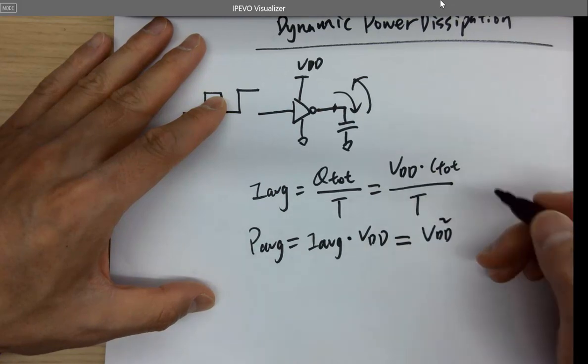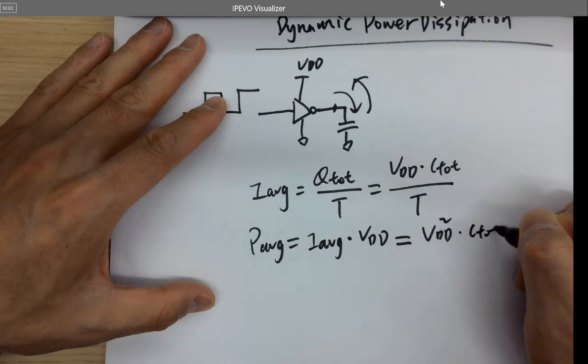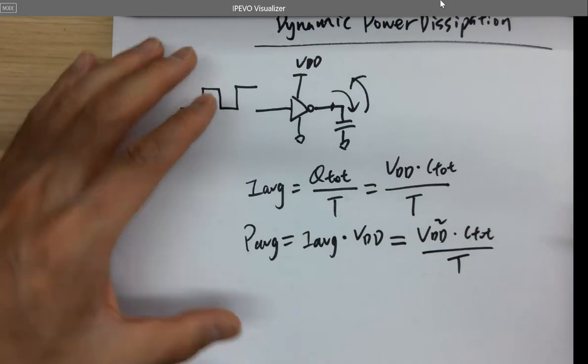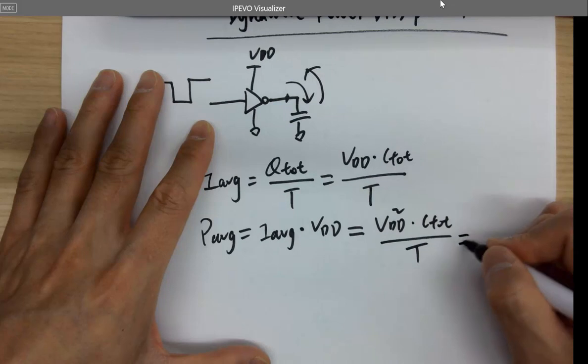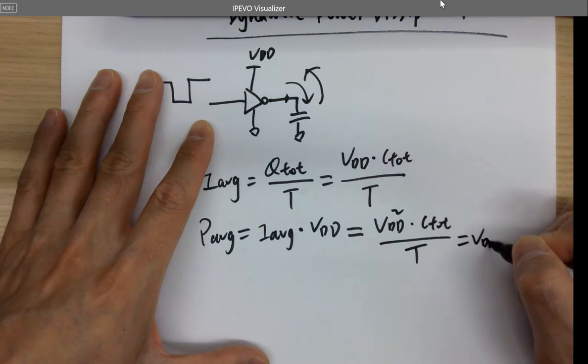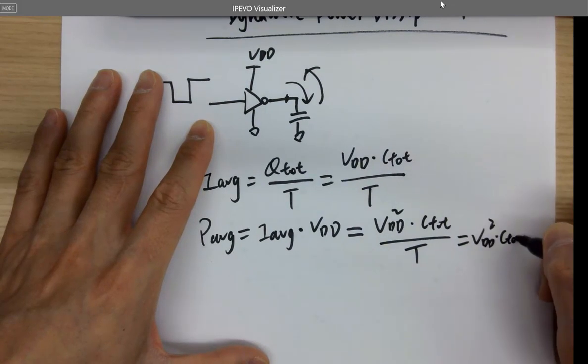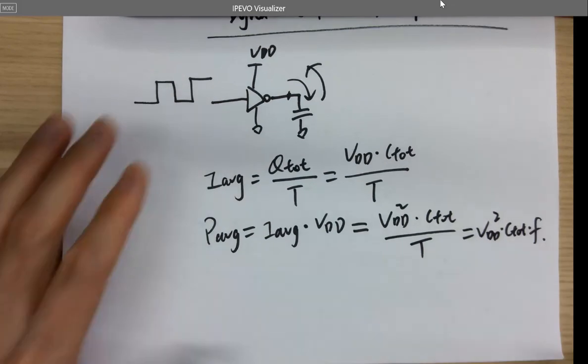So it becomes VDD squared times C total over T. And 1 over T is F. So this becomes VDD squared times C total times F.